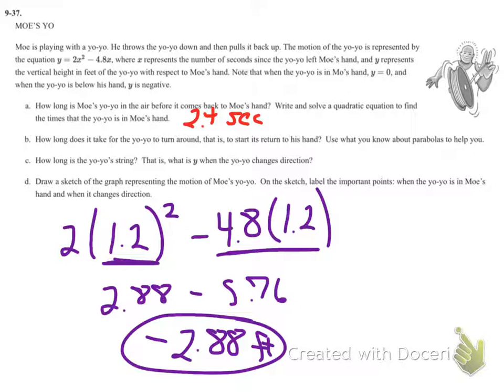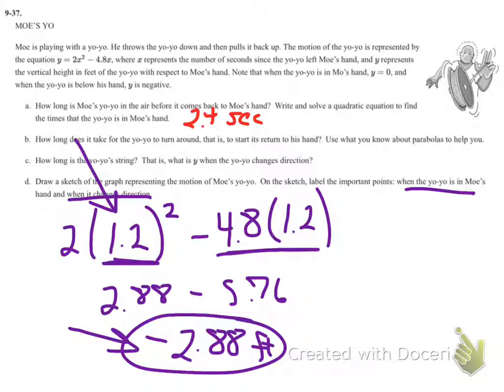So now problem D, I want to go through and make a graph of this. I want to get some important points, such as when the yo-yo is in his hand and when it changes direction. So this is now the y value of my vertex. The x value of the vertex was 1.2.